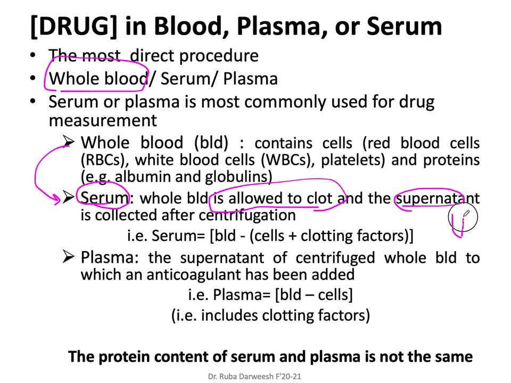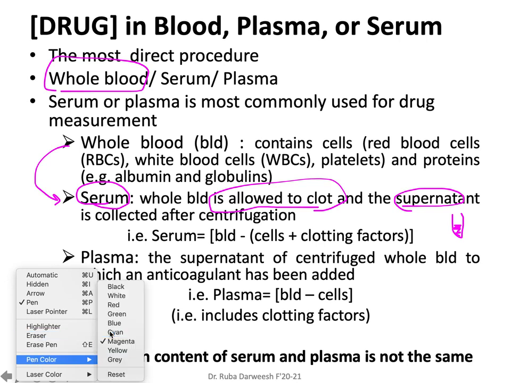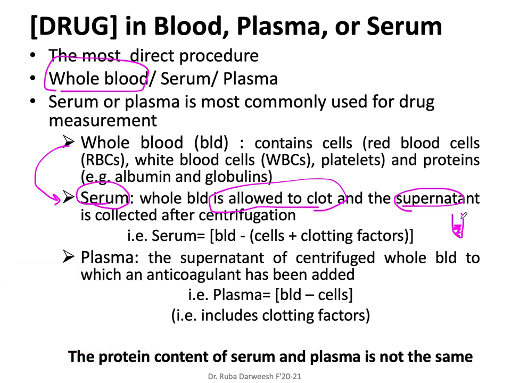So you have the sample of the whole blood, you leave it a little bit to clot, then you centrifuge. You'll have the precipitate or whatever the viscous material down, and you take the supernatant, and it will be the serum, a yellowish transparent liquid. Okay, so the serum would be the blood without the cells and without clotting factors, because we allowed the sample to clot.